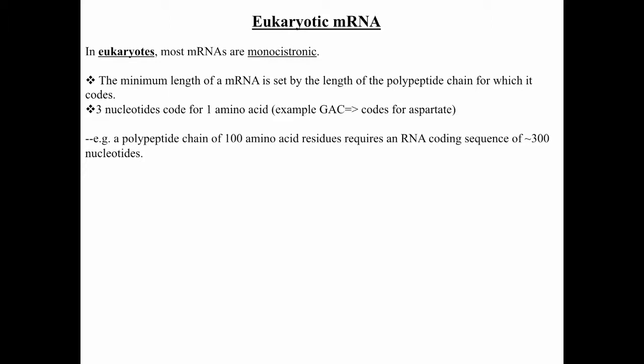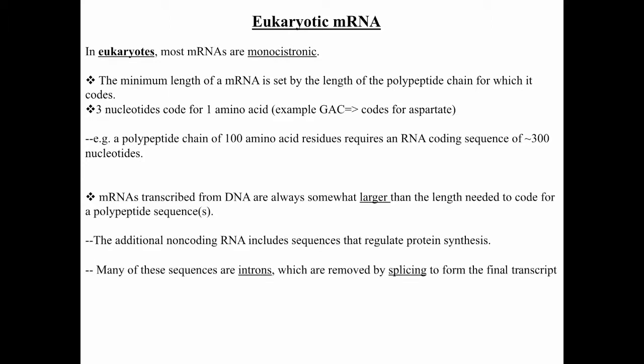So the minimal length of an mRNA sequence is set by the polypeptide chain it encodes. Remember that 3 nucleotides encode 1 amino acid. So if a polypeptide contains 100 amino acids, then it has to minimally have 300 nucleotides in the RNA sequence.